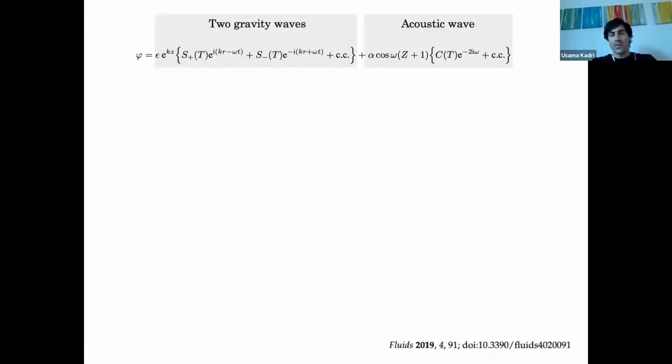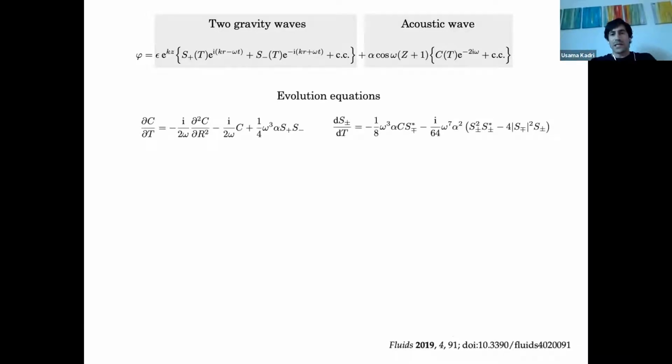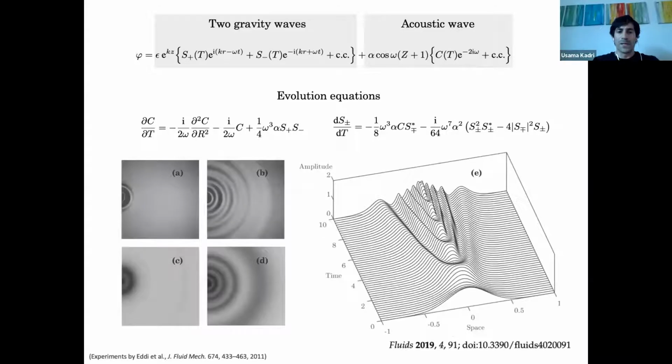Okay, the last thing I want to show is the time reversal. It's also this interaction between 2 gravity waves and acoustic mode. If you allow this acoustic mode to be just a standing mode, so it's not propagating anymore, it means that you would have an evolution equation with an acoustic mode which goes up and down, right? You can think about that just like a tank which is moving up and down. That gives an evolution of standing waves, like Faraday waves.